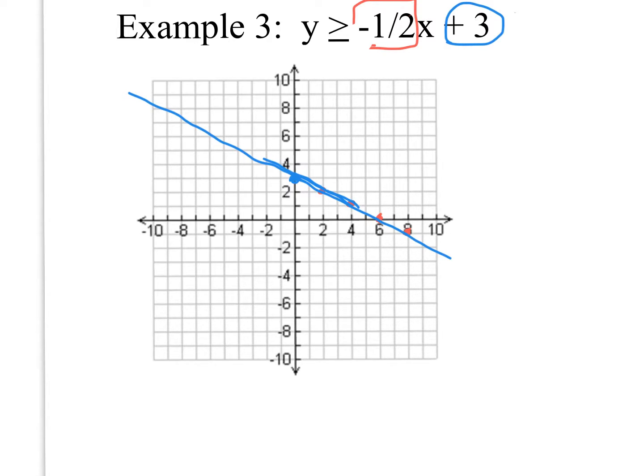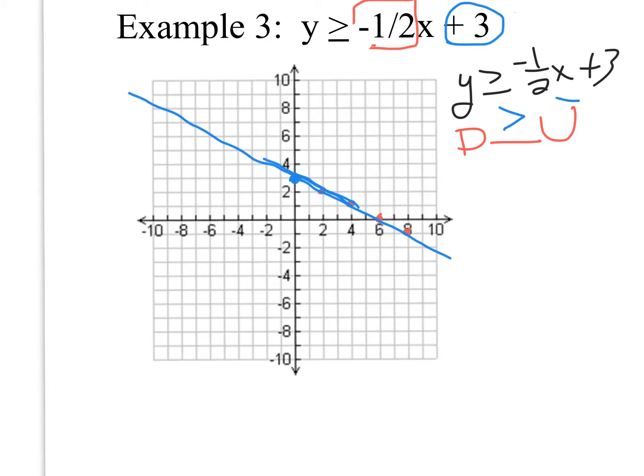So now we use "duh." Y greater than or equal to negative 1/2 of x plus 3. Using "duh," we are pointing to the U, so that means we're shading up. From our points, we're going to be shading up.